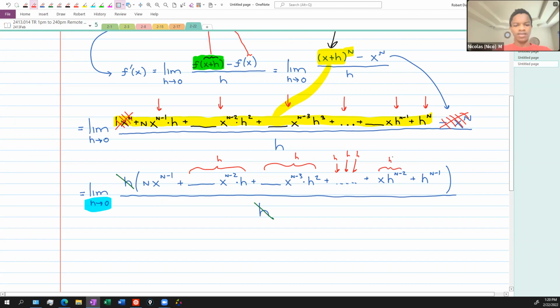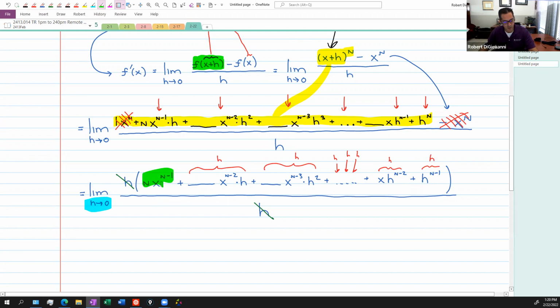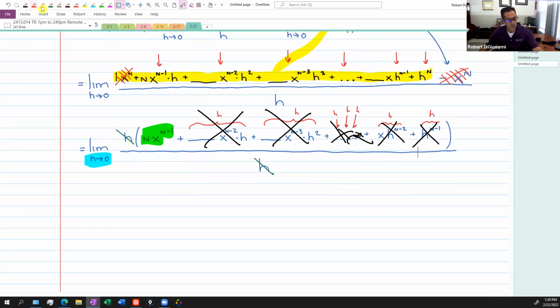The only one that doesn't have an h is this one, right? So if I let h go to 0, everything here is gone, and the only thing left is that part in green, which means that our answer is n x to the n minus 1. That is the derivative of x to the n.